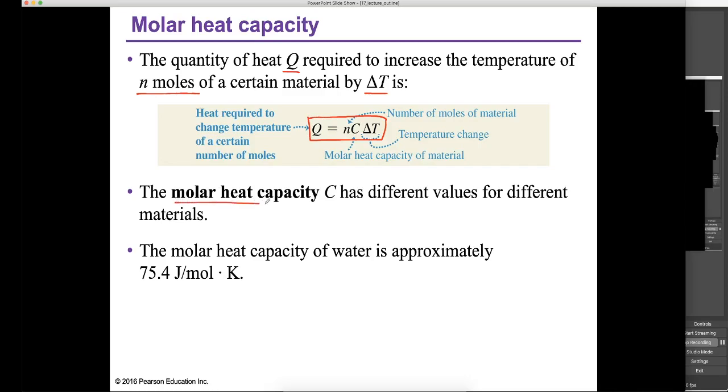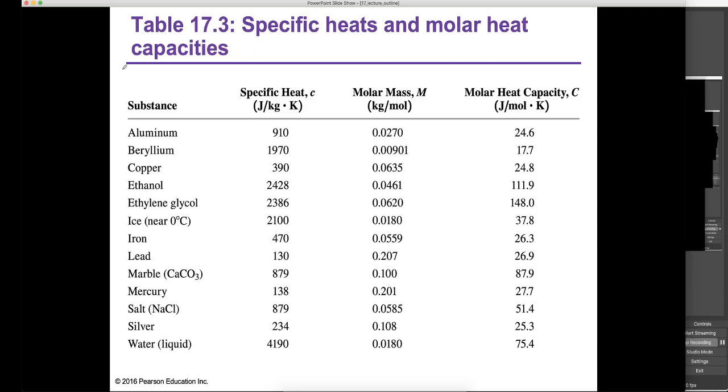And the molar heat capacity C has different values for different materials. For water, the molar heat capacity is 75 joules per mole times K. Here are some values for the molar heat capacity C or specific heat c.